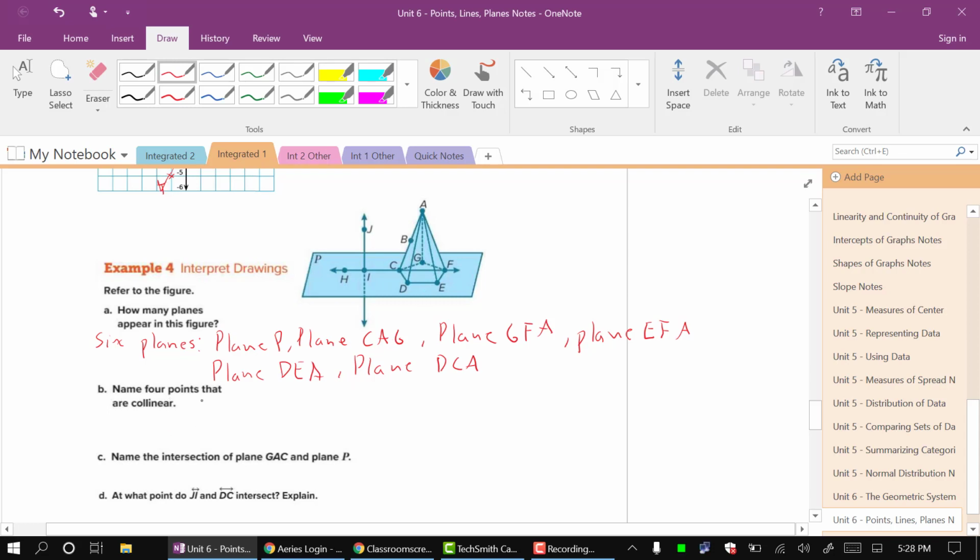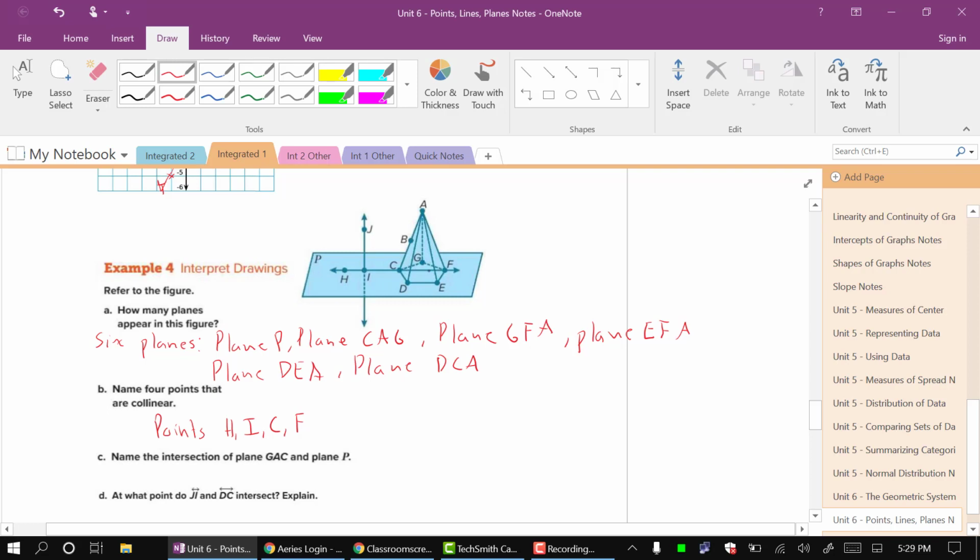Now we want to name 4 points that are collinear, meaning that they're all going to be on the same line. If we have this line right here, we would have points H, I, C, and F. Now we want to name the intersection of plane GAC. GAC is this back plane right here.